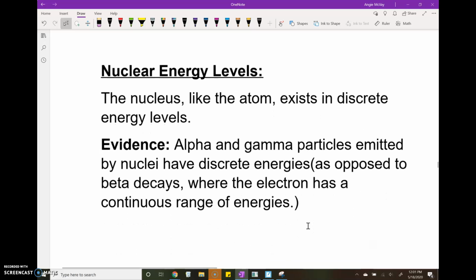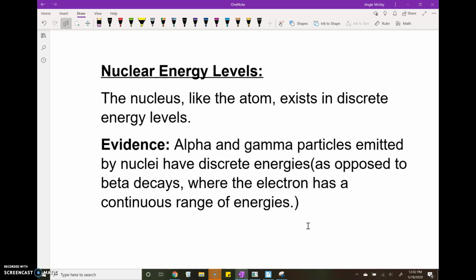Okay, so the last type of decay is called gamma decay, and actually alpha particles are a result of a similar phenomenon to gamma decay.